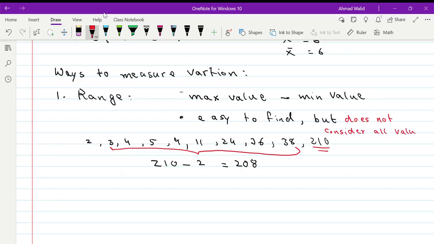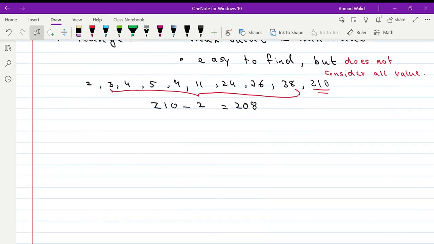This is the bad part if you want to just find the range of a data set. It's really easy to calculate, but it does not consider all the values. Correct? The second way to calculate variation, we call it standard deviation.